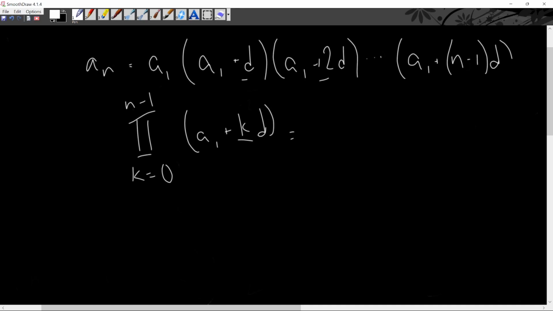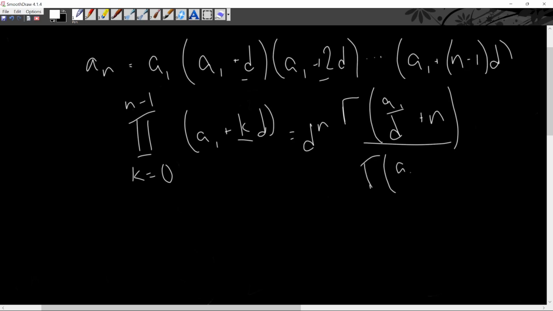This is product instead of series, but if we do d to the n times gamma of a1 over d plus n over gamma a1 over d, that's what this is equal to. Again, I barely know what this means.